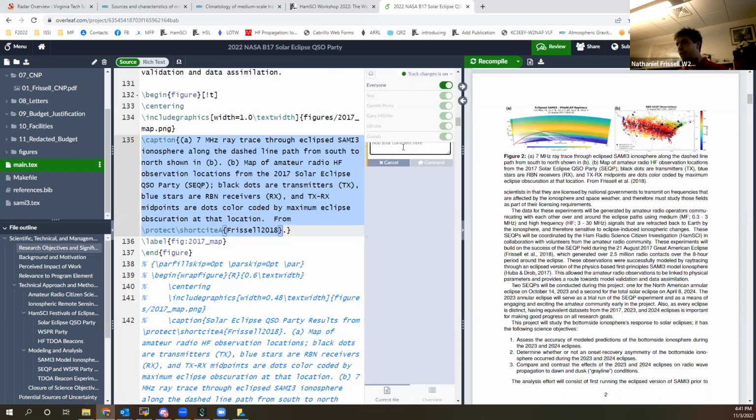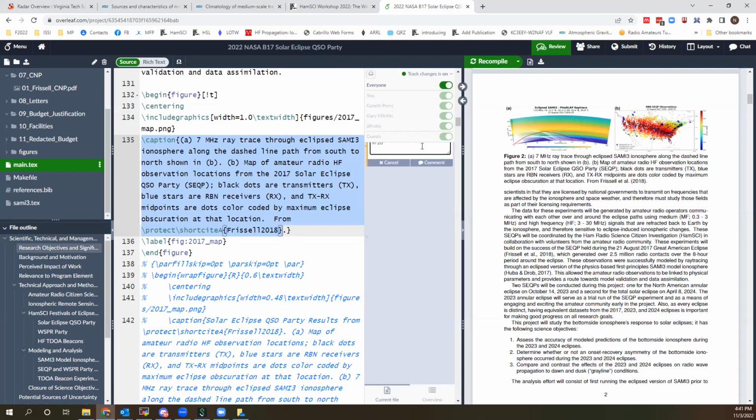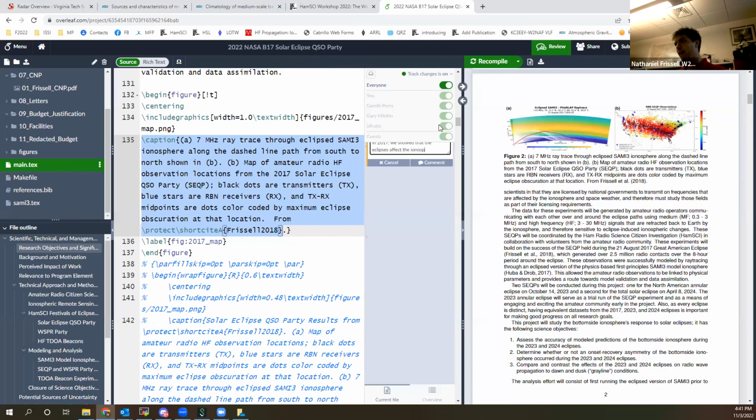So, in 2017, we showed that eclipses affect the ionosphere and radio propagation on a scale that had never been observed before.